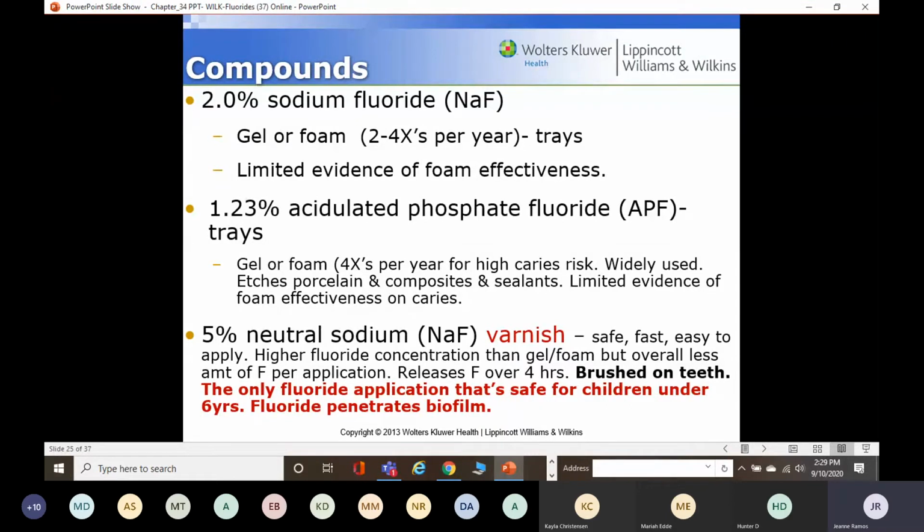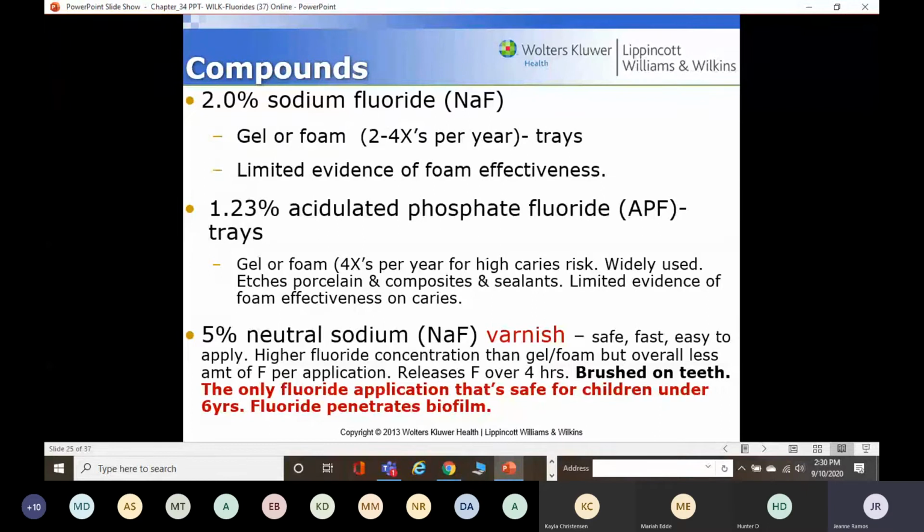This you have to watch out for because it etches. APF can etch restorations, just put tiny scratches in them. So it is widely used, but you just want to skip those particular teeth.